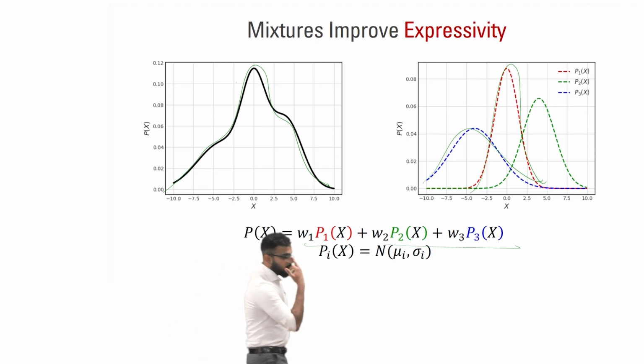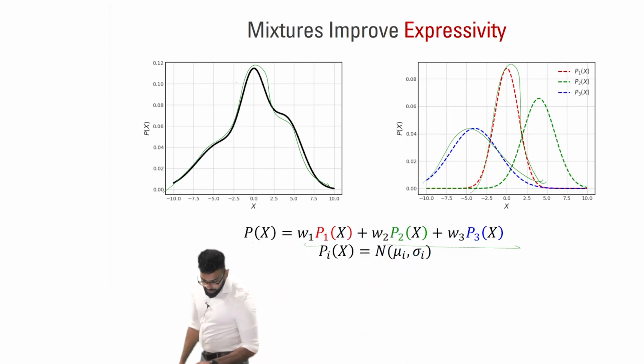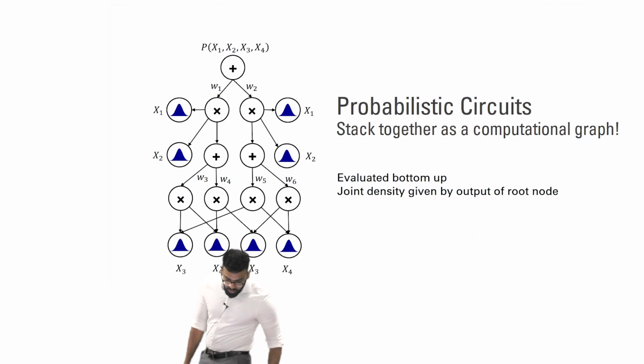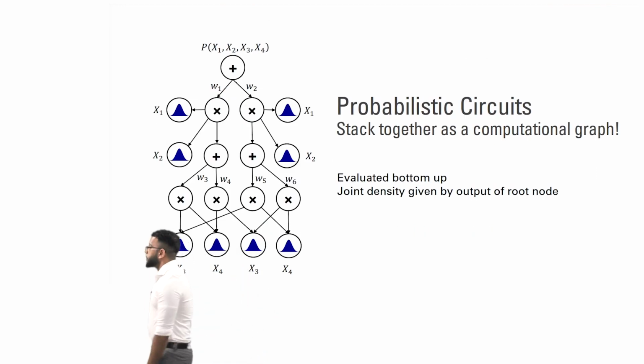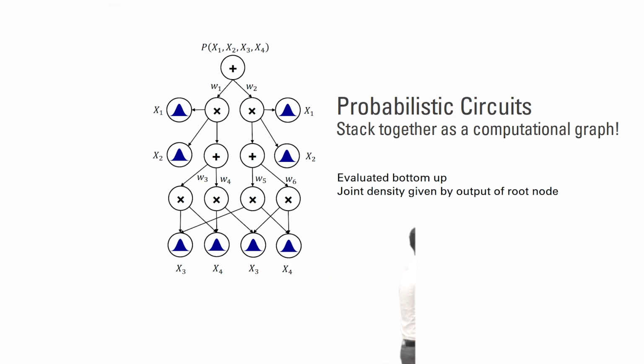You want to model something complex, so you take something simple but take a mixture over them, which adds expressivity to your model. These individual components of your mixture are typically something simple like a Gaussian. All right, so that gives you the idea of a probabilistic circuit. It's basically having simple leaf distributions, product operators that take products of your distributions encoding independencies, and sums that take mixtures and add expressivity to your model.